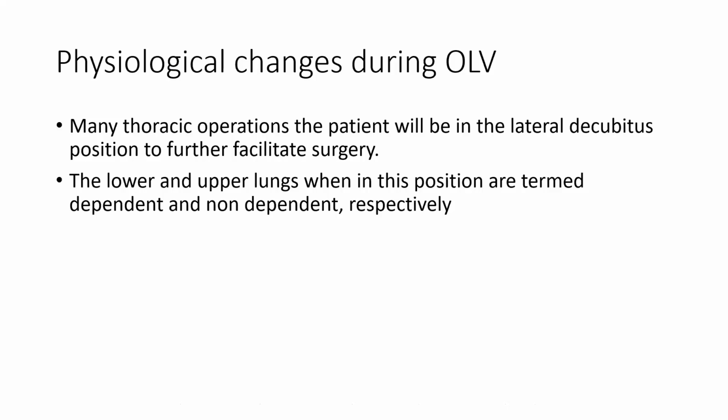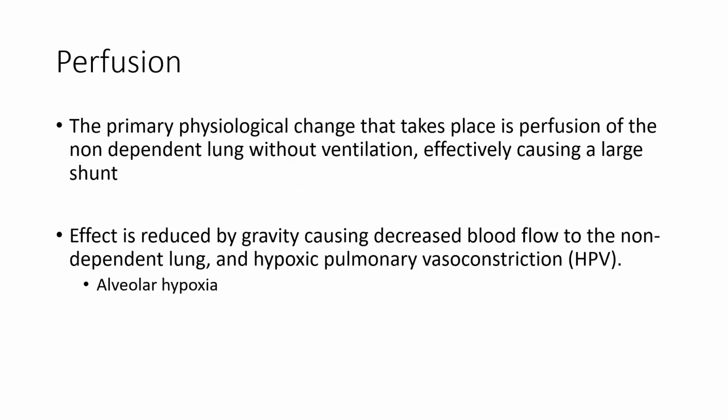Next we talk about the physiological changes during one lung ventilation. The initiation of one lung ventilation will stop all ventilation to one lung. So this effectively reduces ventilation by 50% and creates a shunt. In most thoracic operations, the patient will be in the lateral decubitus position to further facilitate surgery. In this position, the upper lung is termed non-dependent, whereas the lower lung is termed dependent, respectively.